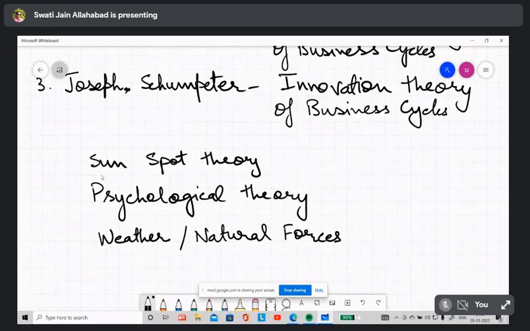So because of the sun movement, there can be changes in economic activities. And what is the reason behind this sunspot theory?